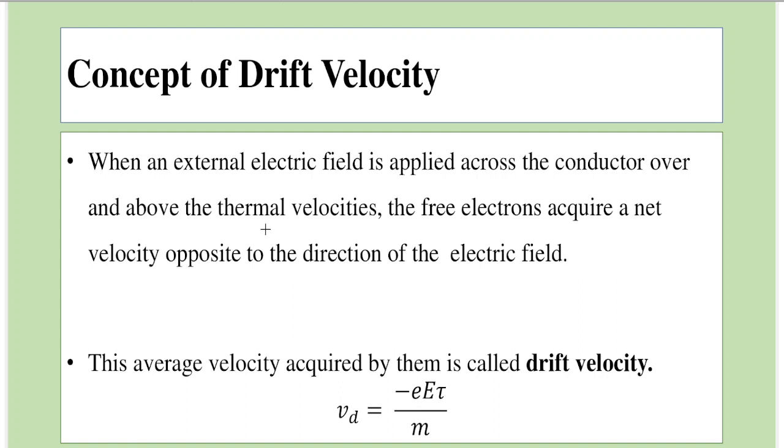Now to make the electrons move in a given direction, we need to apply a potential difference. Suppose if we apply a potential difference between these two ends called end A and end B with the help of a power supply like a battery, then the electrons have been pulled in one direction.